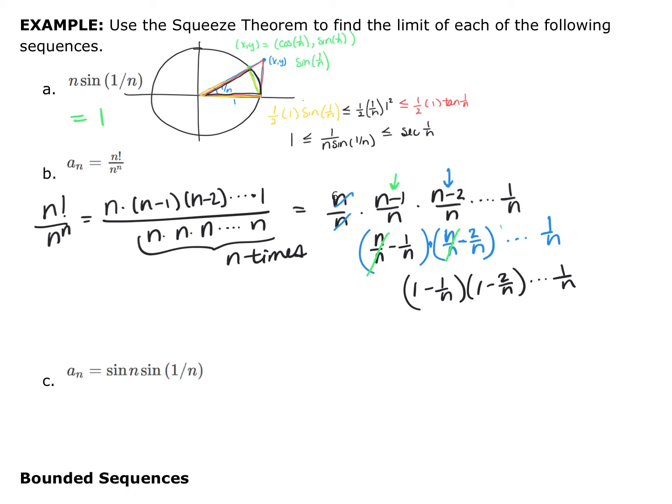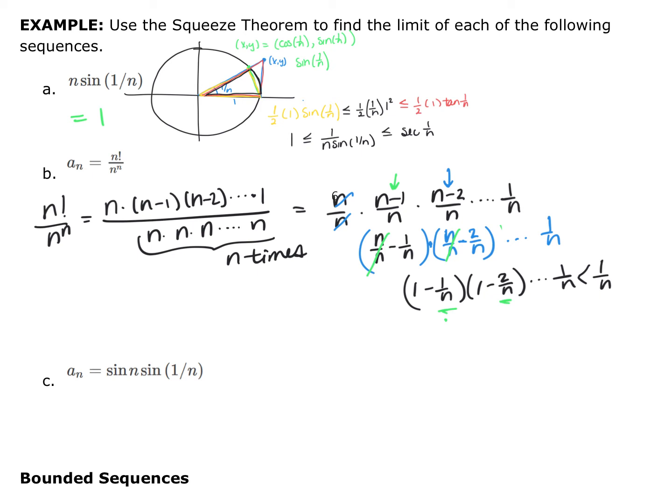Now this tells me that it must be strictly less than 1 over n. Actually, the reason is that 1 minus 1 over n is going to be some number, and then I have another fraction, and what's happening is my numerator fractions are decreasing, but my denominator part is staying the same as n.